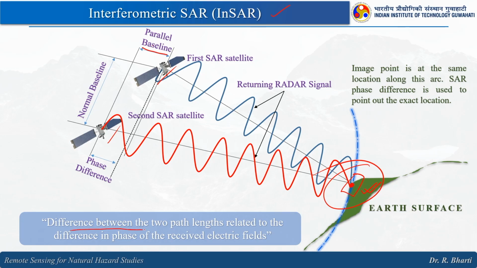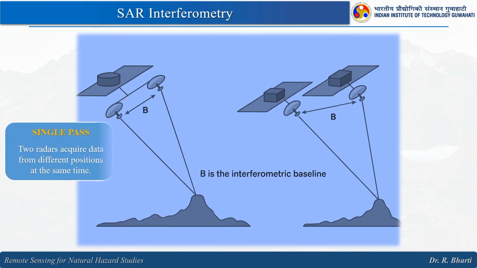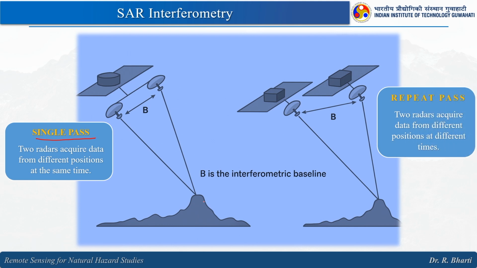The difference between the two path lengths is related to the difference in phase of the received electrical field. So, if you see here, because of this we have the phase difference, and these phase differences are further analyzed to extract the information. This is another example of how we measure images using the single pass and the repeat pass concept.